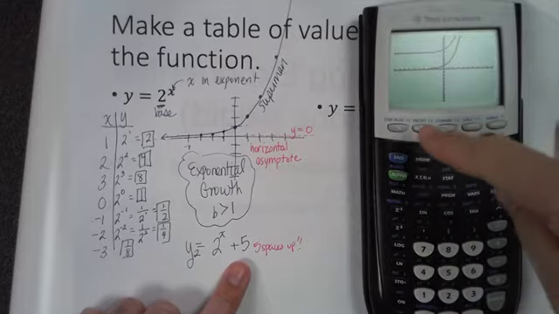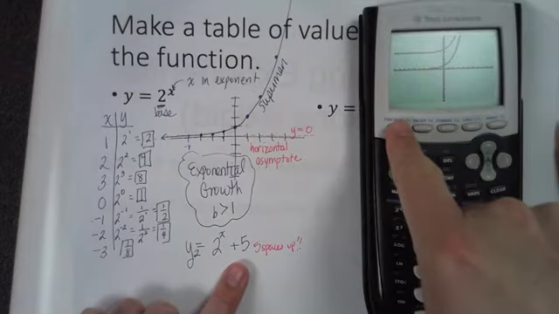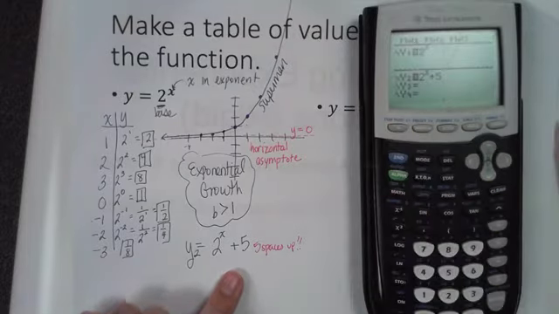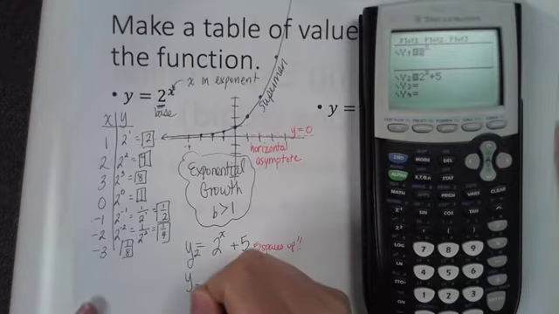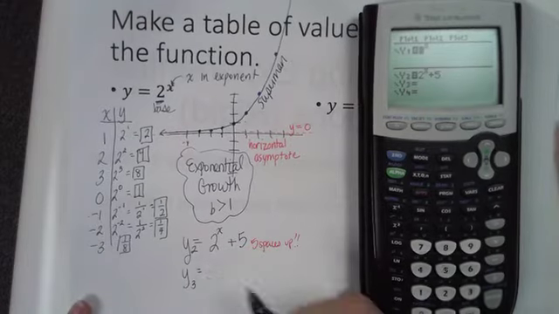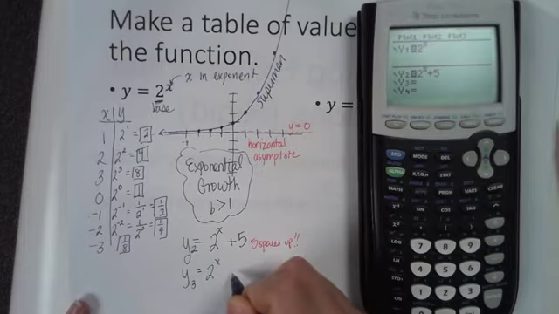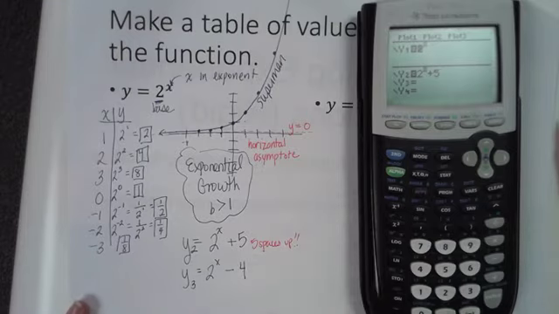Ladies and gentlemen, will you go back to y equals? Let's go back to y equals. Now in y sub 3, let's type in 2 to the x minus 4. What do you think this one's going to do? 4 spaces down.